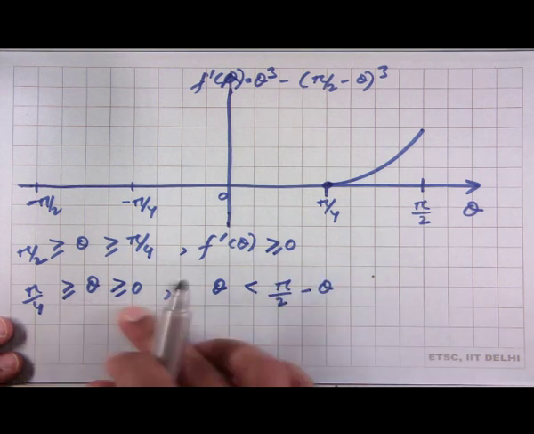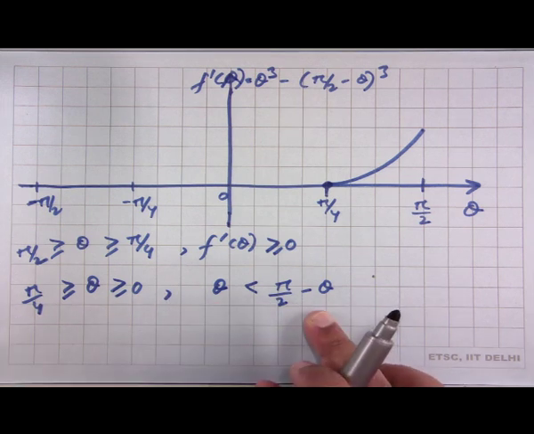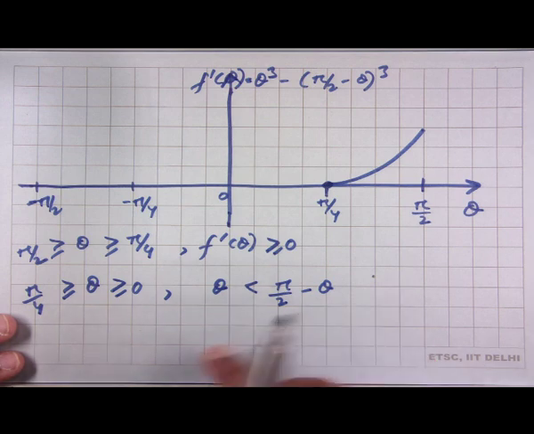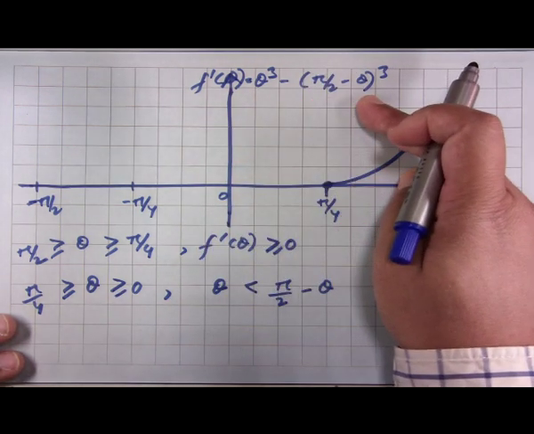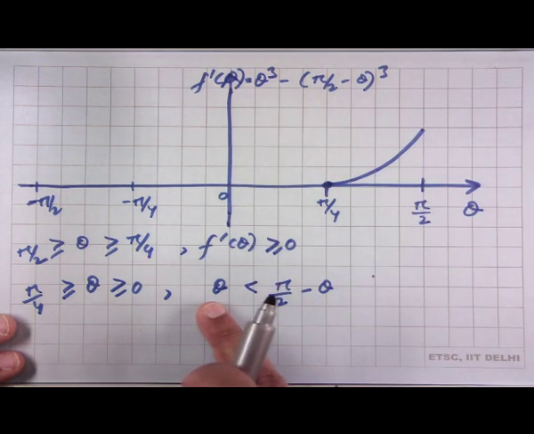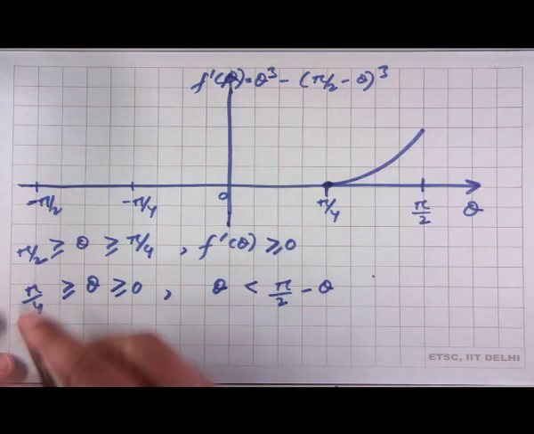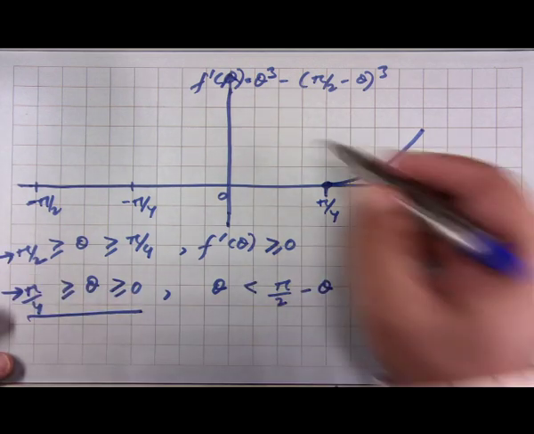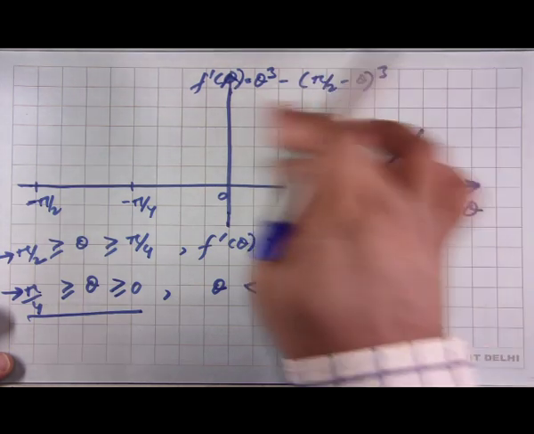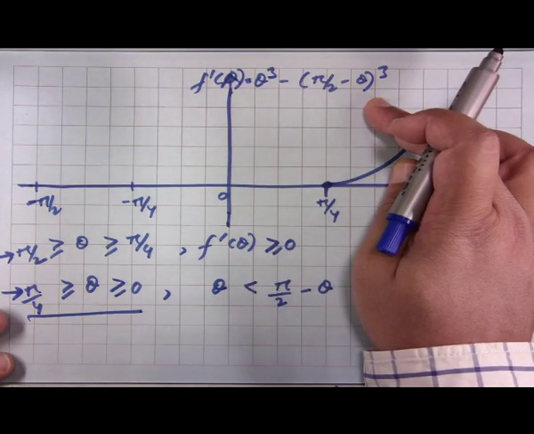So, when theta is in this region, this is true, and since theta is positive and pi by 2 minus theta is also positive, and theta is less than pi by 2 minus theta in this region, the value of this first derivative is going to be negative.